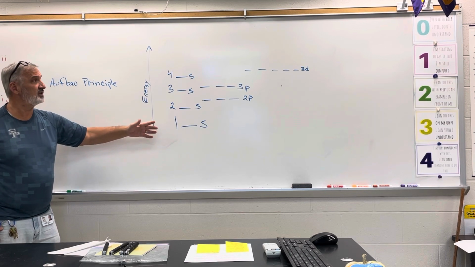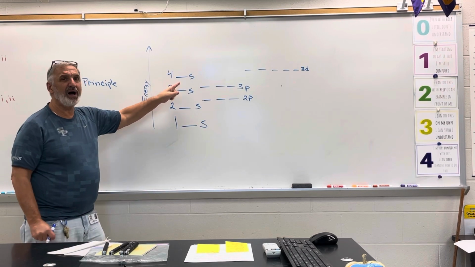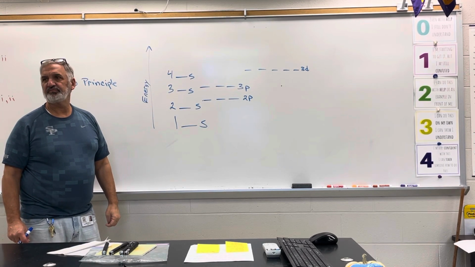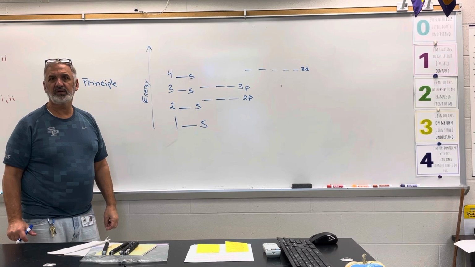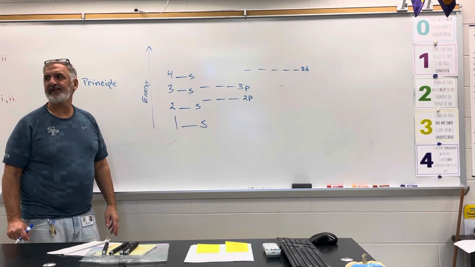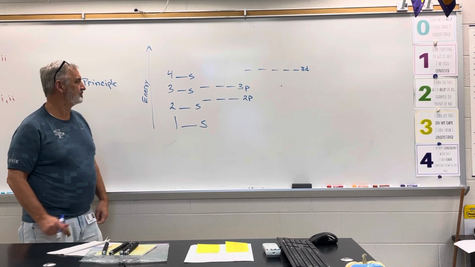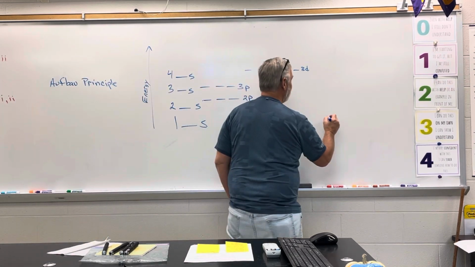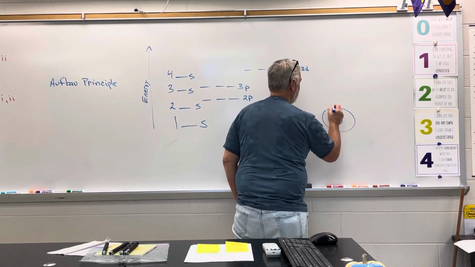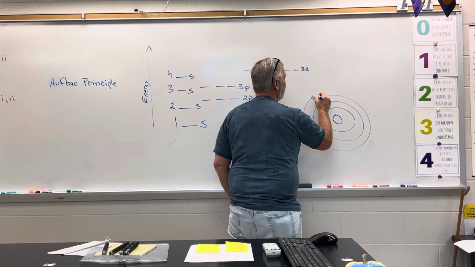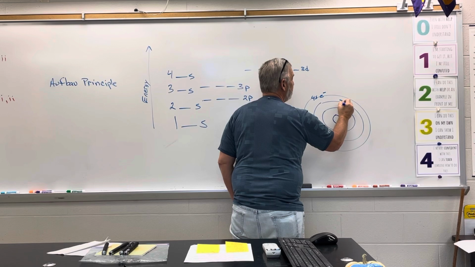Lowest energy first. Now, why does 4s come before 3d? Because it's earlier. I know, but why? More protons? No, that's generally a good guess though. Here's your 4s electron out here, and you have your 3d electrons here.